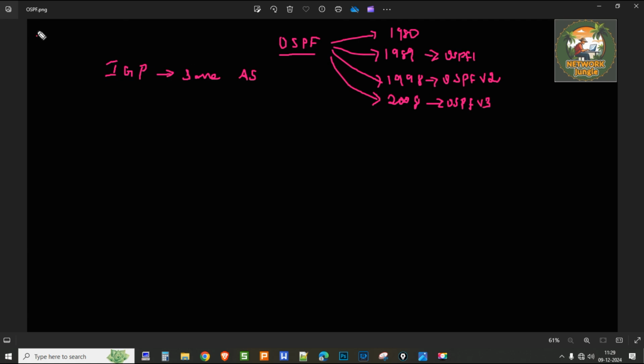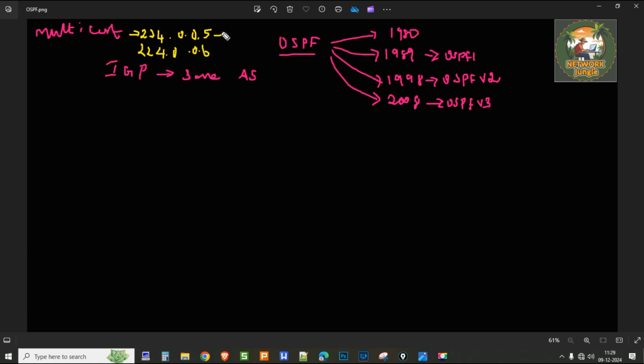I already told you, it uses multicast addresses to communicate between the routers, using the IPs 224.0.0.5 as well as 224.0.0.6.